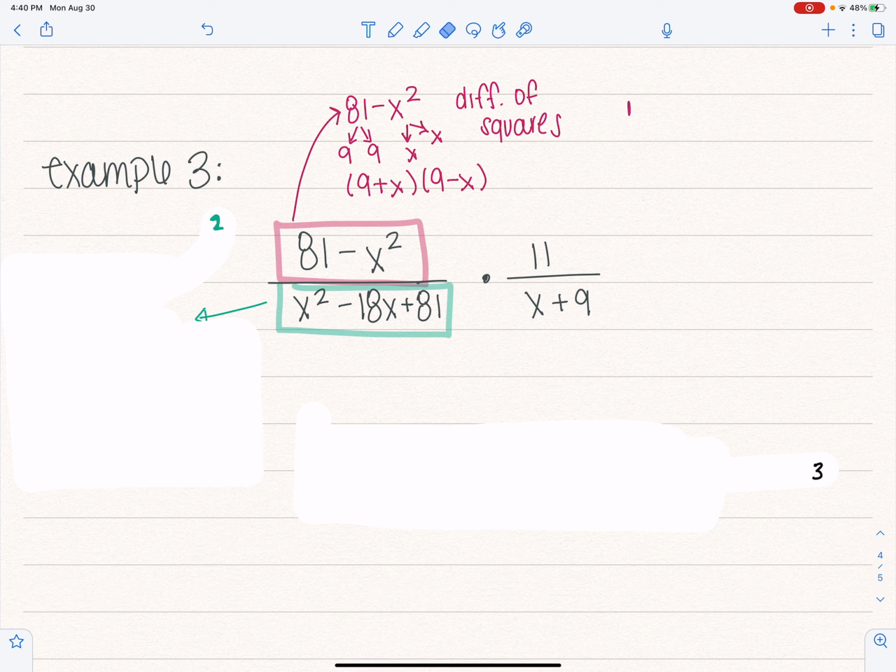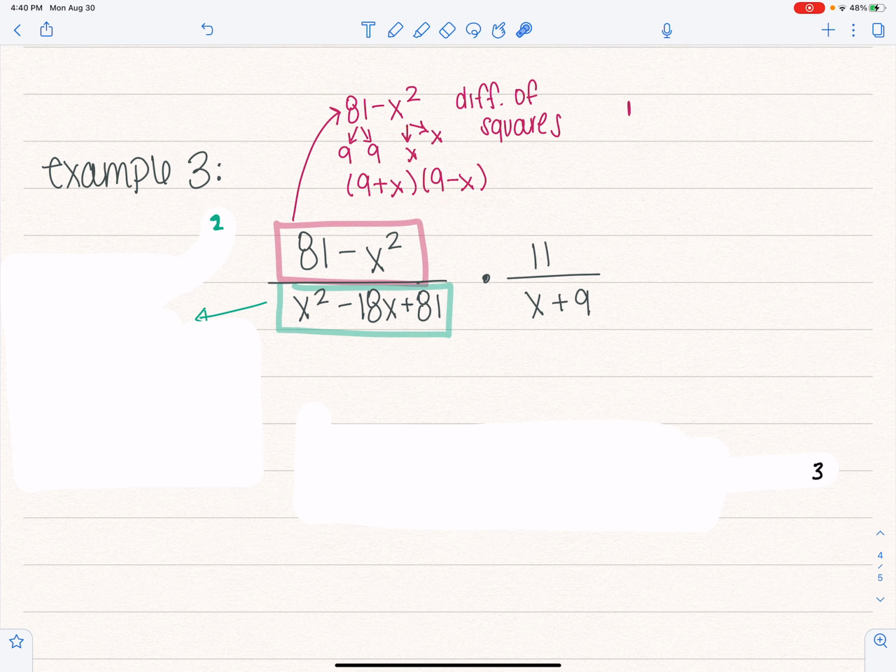And so it's a difference of squares, and so I will fill in my fraction to have 9 plus x, 9 minus x. Notice this order right here. This order has to stay the same as the problem. The 9's come first, and then the x's come second.